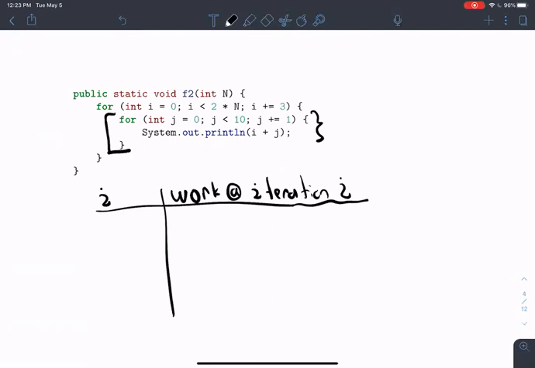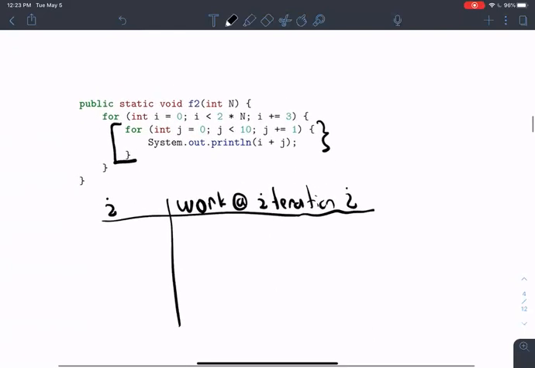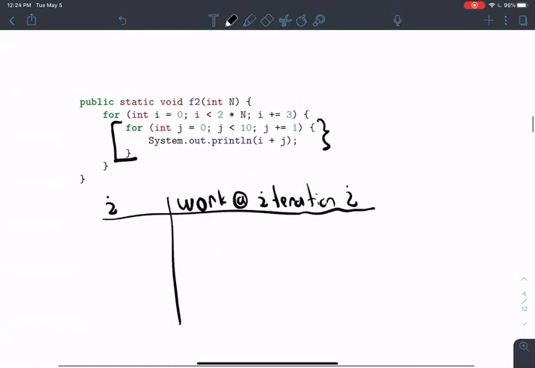Okay, Muhammad, do you want to expand on that answer? How do you know it's constant? Well, we see the inner for loop is only going to run 10 times for every iteration of the outer for loop. Yeah, exactly.